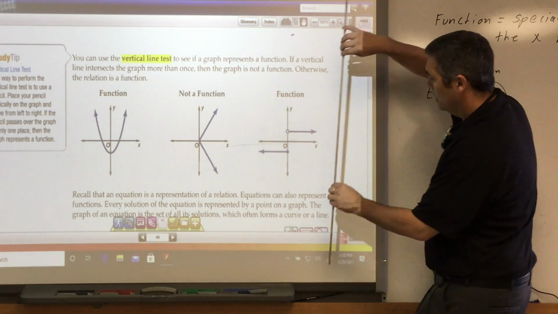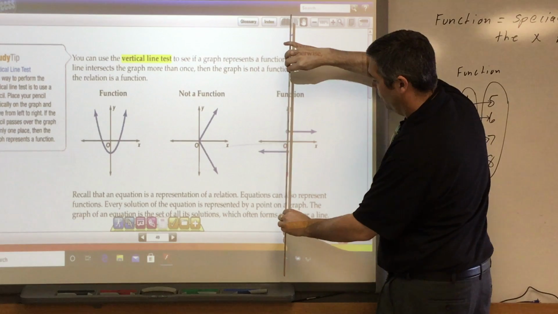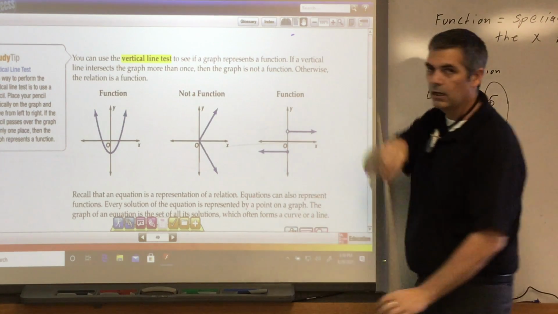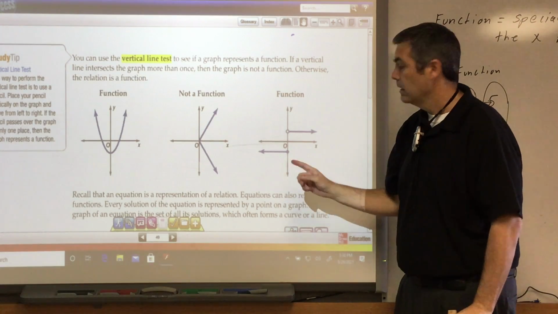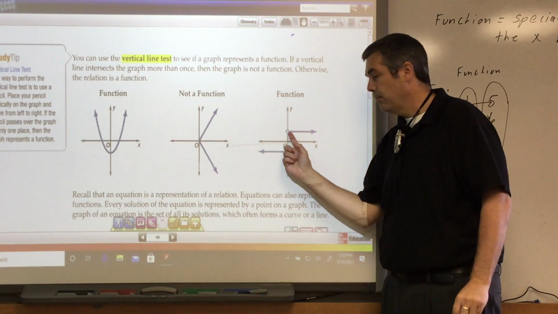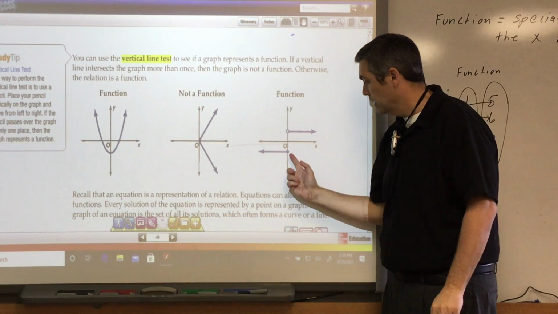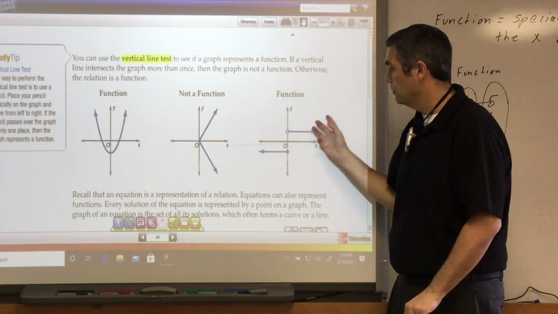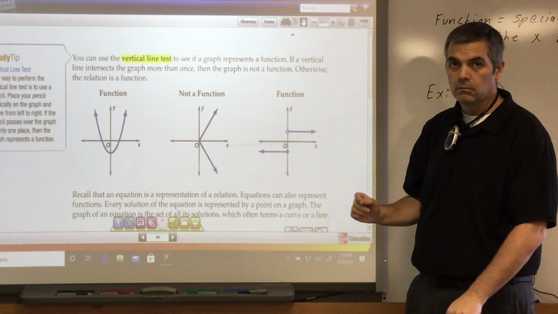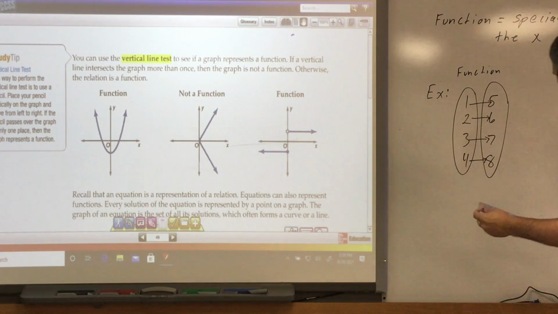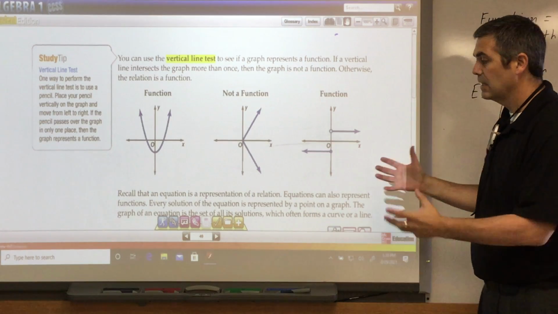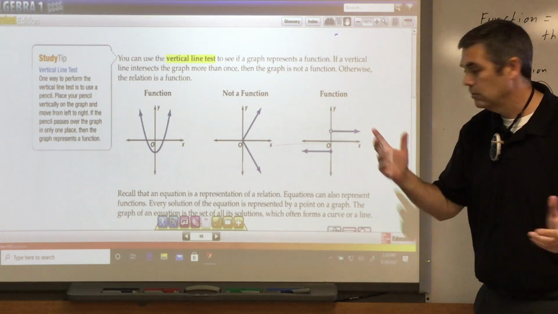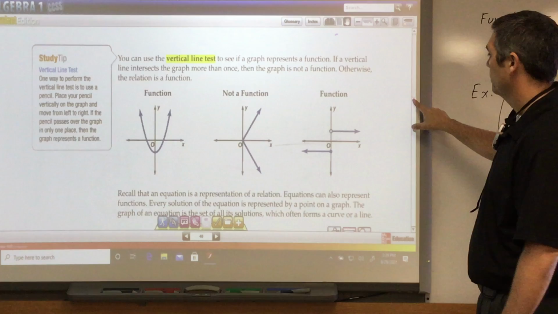Okay? Now here, I do the same thing, and you're gonna go, wait, right there, it crosses it. But notice how that's an open circle. This does not include that point right there, where down here, it does. So this is a function. Okay? Be aware of that. Vertical line test, very easy way to see if something's a function on a graph. That's why a lot of times we'll graph things and then draw that line and see where it's at. Okay?